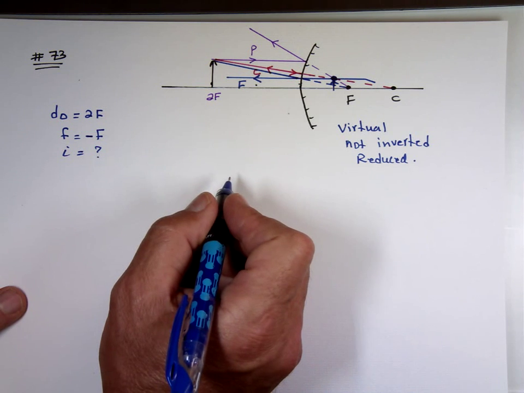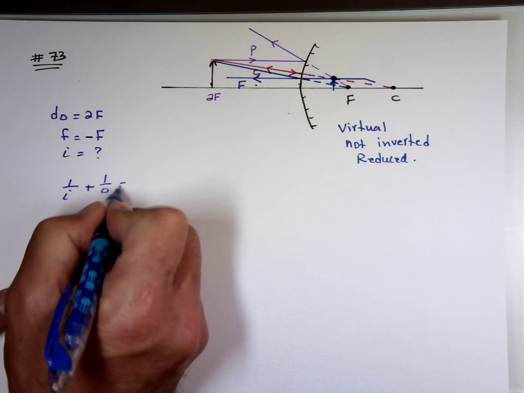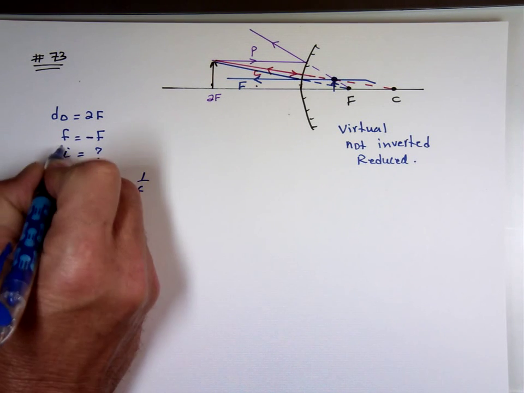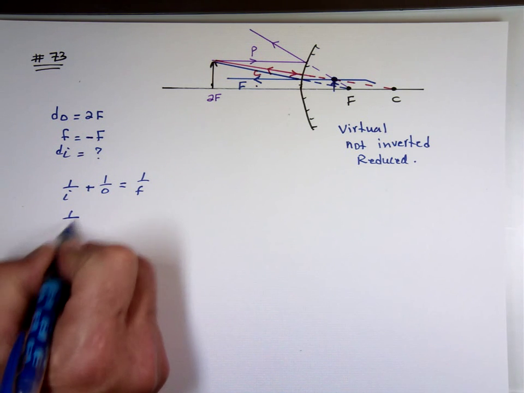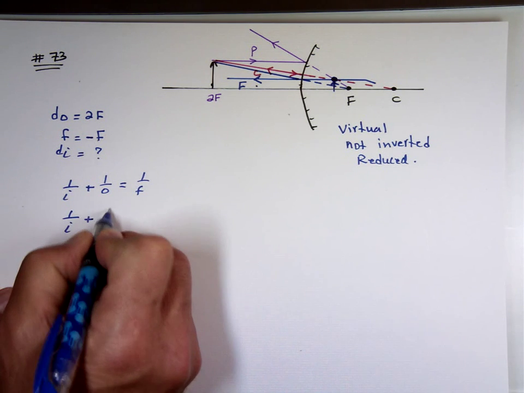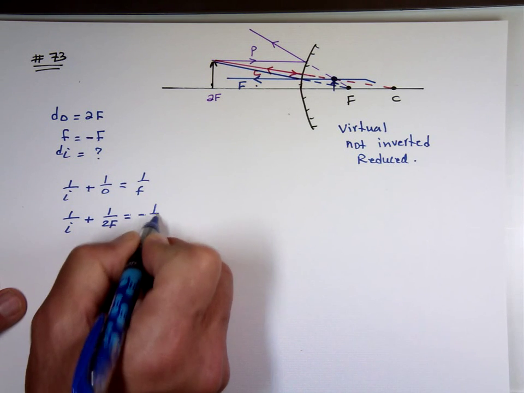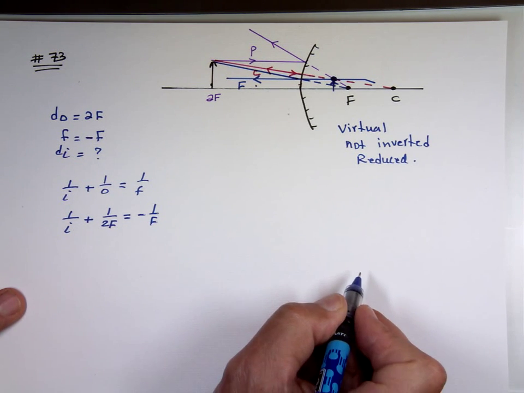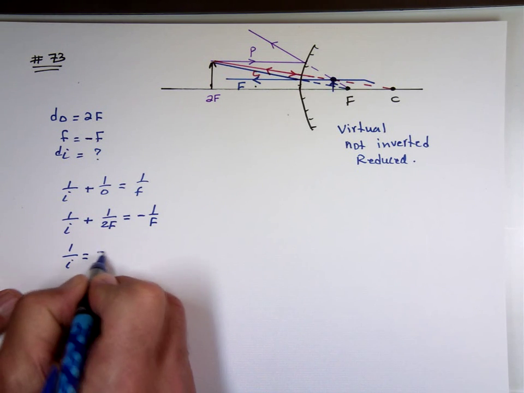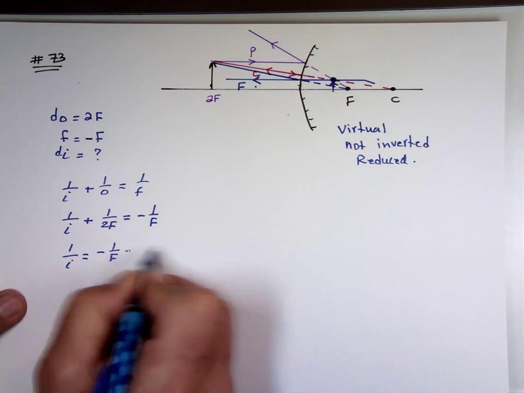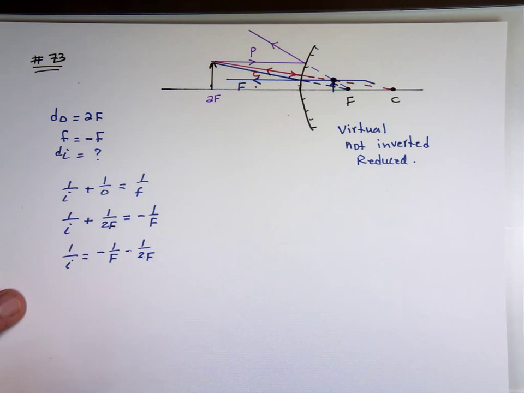One over I plus 1 over O equals 1 over f. O is 2f, so 1 over I plus 1 over 2f equals negative 1 over f. Negative 1 over f minus 1 over 2f. You got to find the LCD, which is 2f here.